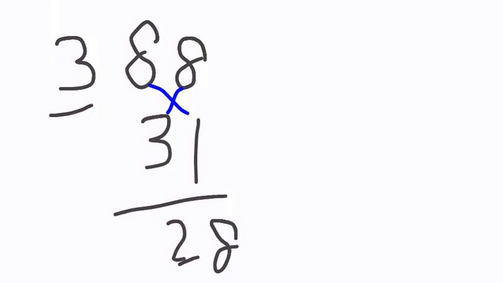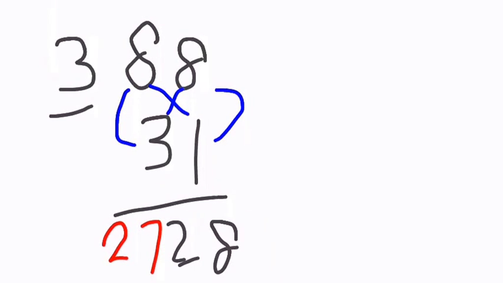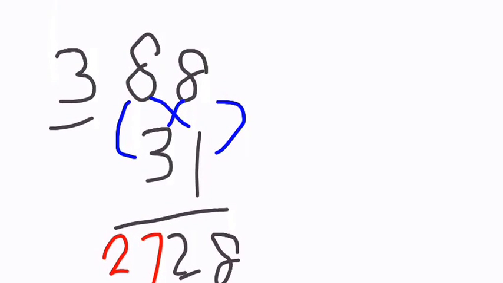And the third step, you say 24 plus 3 is 27. So this is the result, and this is just one way to do it.